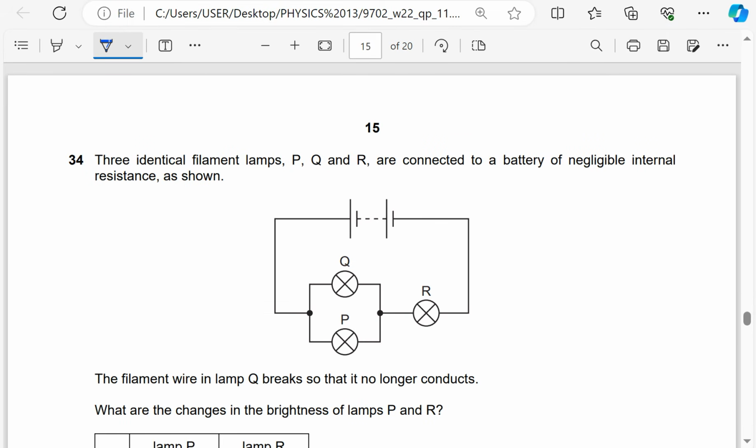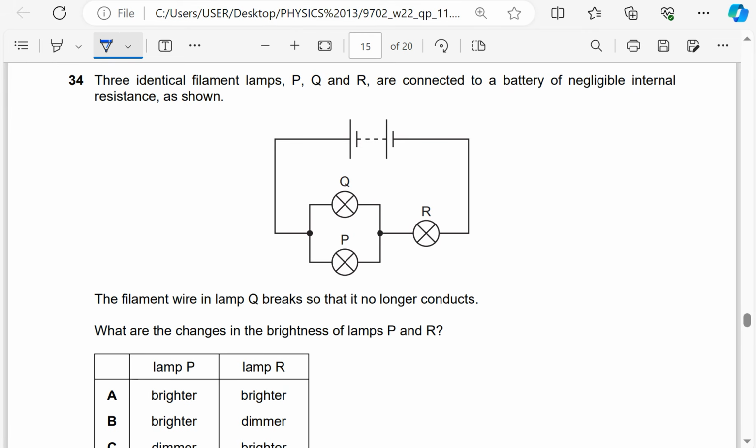3 identical filament lamps, P, Q, and R, are connected to a battery of negligible internal resistance. The filament wire of lamp Q breaks so that it no longer conducts. So note that the PD across Q was the same as the PD across P because they were in parallel. That's number 1.